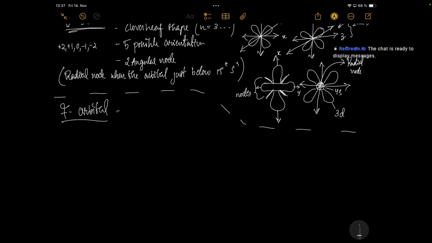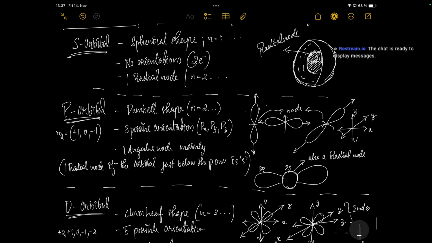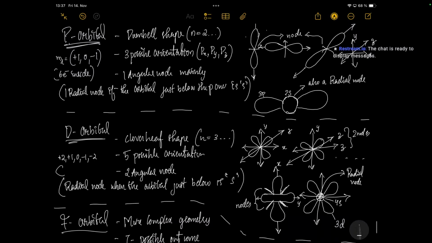It's a more complex geometry, there's no single shape. Seven possible outcomes. 6 electrons, this would be 10 electrons.